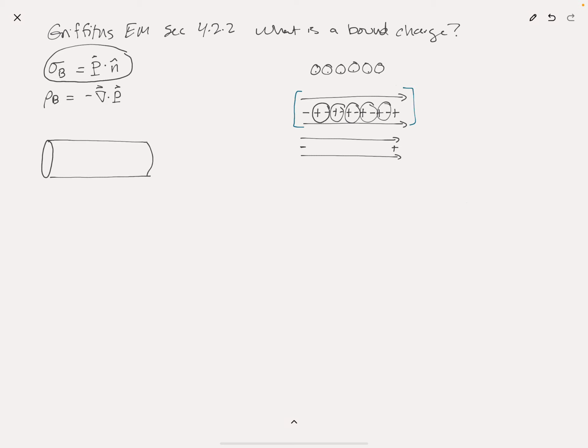Okay, so if I were to zoom in, that's what this would look like. So I have a negative charge that's here and a positive charge that's there. I will put 5 of those. 1, 2, 3, 4, 5. Okay. And I can find the total bound charge on a surface by knowing the bound charge density times the area of my surface.